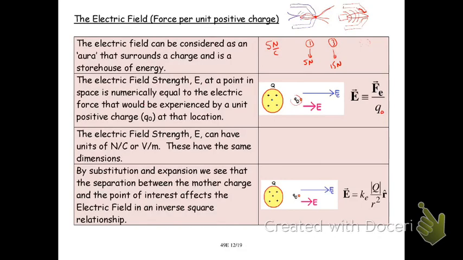Okay. The electric field strength can have units of newtons per coulomb. Clearly, newtons per coulomb falls out. What's not so obvious is volts per meter.